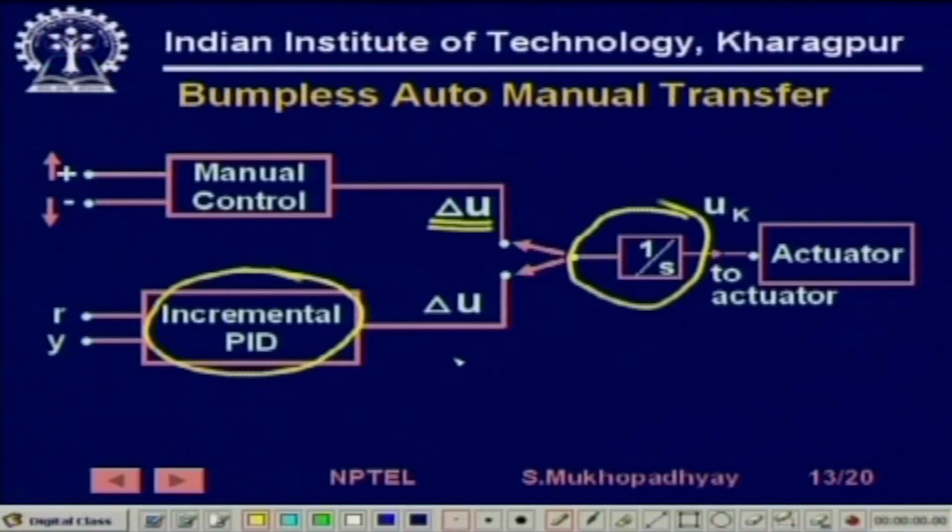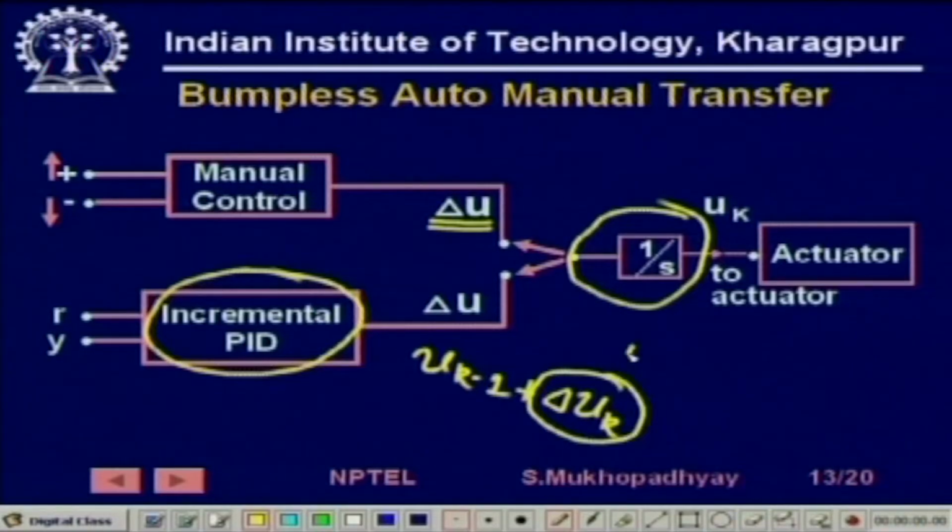Now, suppose up to u(k minus 1) you were in manual. Now suddenly, between the time instance k minus 1 and k, you have flicked the switch to auto. So what will happen is that now a u(k minus 1) plus delta u(k) term will be added to the actuator, and this will come from the auto mode.